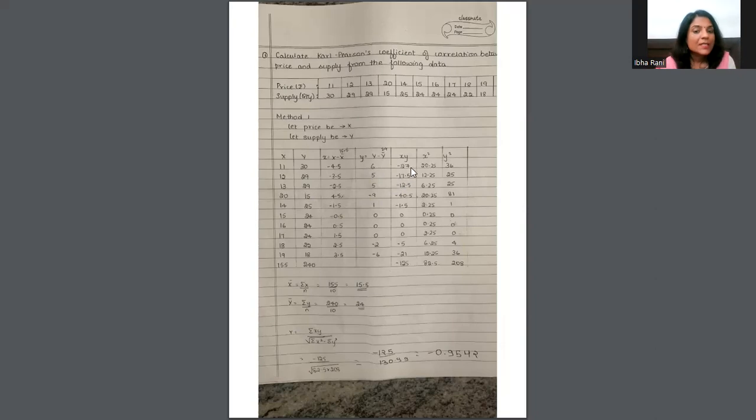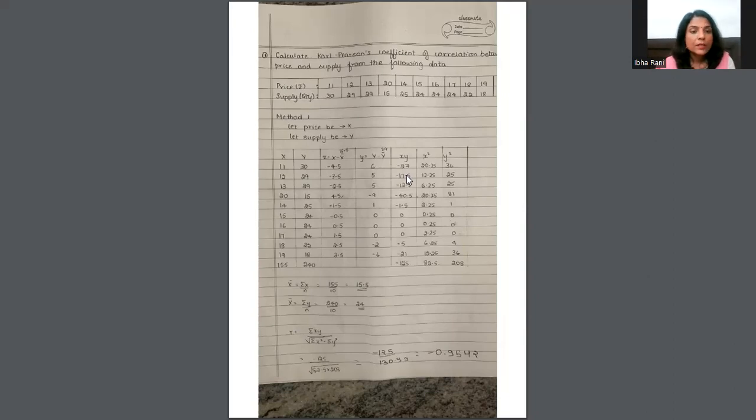The third column is x into y. So whatever we have calculated here, minus 4.5 multiplied by 6, y is 6. So minus 4.5 multiplied by 6 will give you minus 27. We have to consider the minus value when we are adding those values, or when we calculate the summation of x, y.